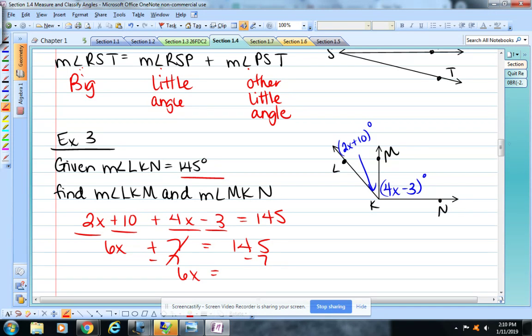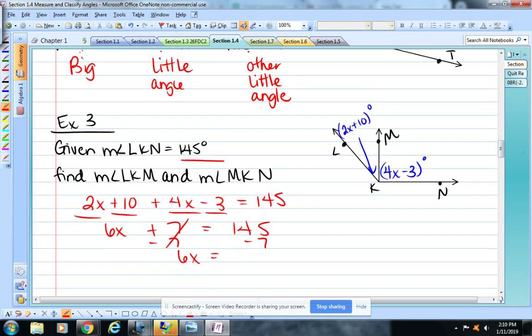So what's 145 minus 7? 138. And then I divide both sides by 6. And x equals what? Y'all got calculators. 23. So x is 23.